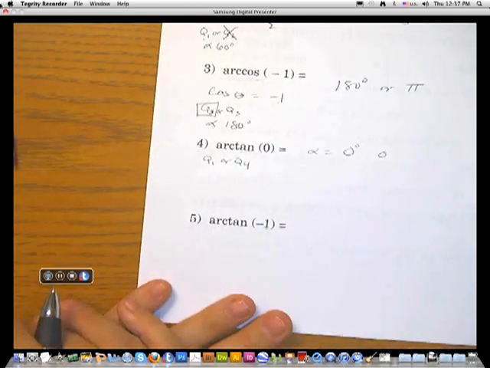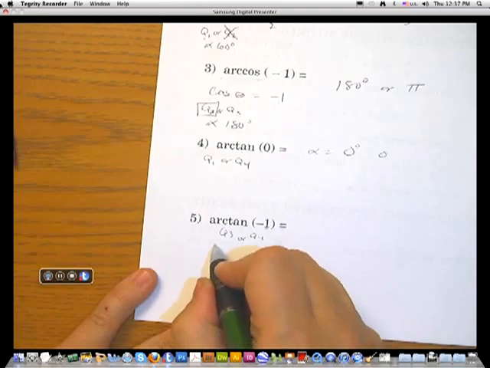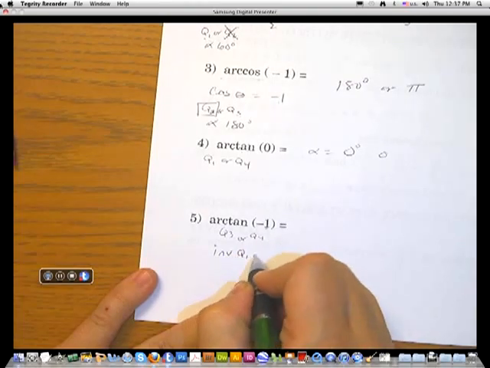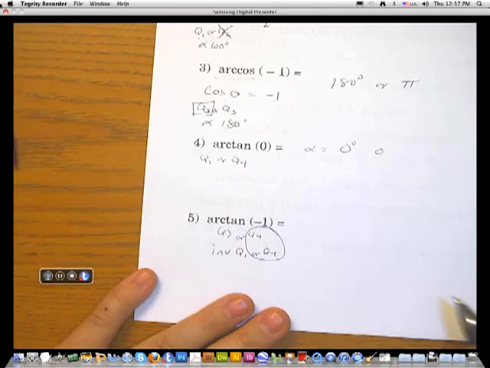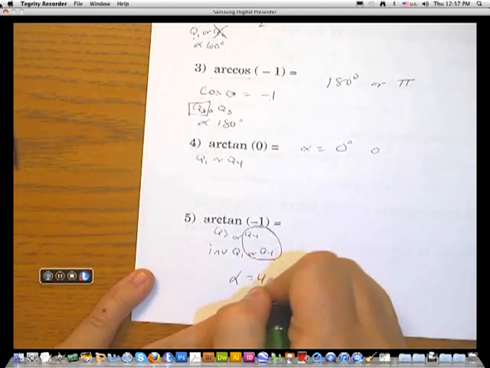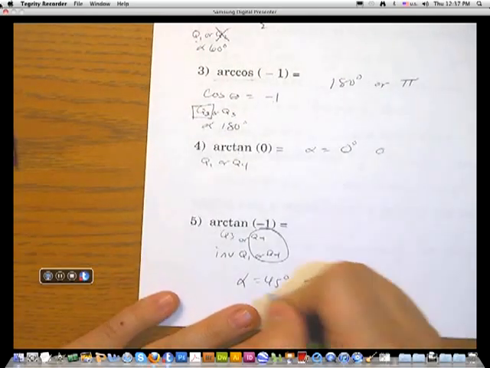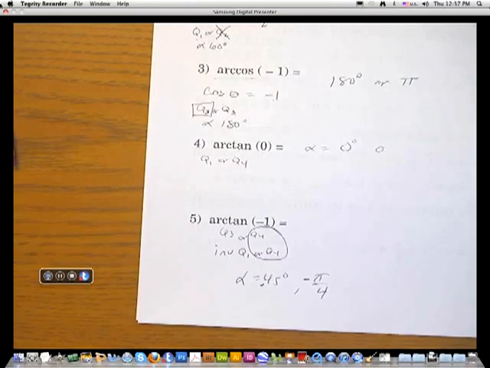Well, tangent itself is negative in quadrant 3 or quadrant 4. But the inverse can only be quadrant 1 or quadrant 4. So it must be quadrant 4. Negative 1 references 45 degrees, which is negative 45 degrees or negative pi over 4.